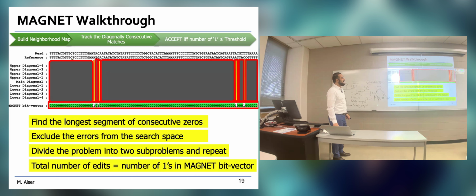Now, how many times should we have subproblems? Think about it. Now, if we are looking at the edit distance result, like Needleman-Wunsch, we have the CIGAR string.